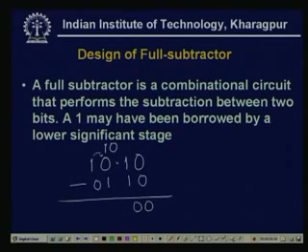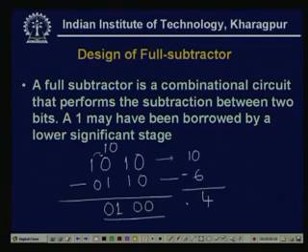So, 1 0 minus 1, we know from the addition operation, is 1. So, the result is 0 1 0 0. If I take the decimal equivalent, 1010 is 10, 110 means 6, and the subtraction gives 4, which is our 0100.